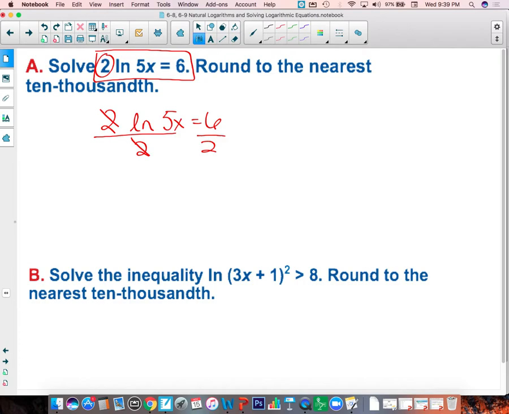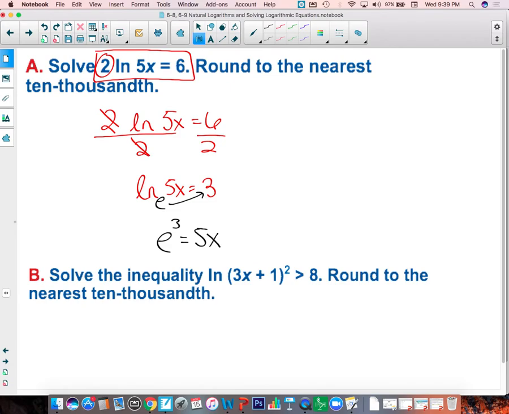So 6 over 2, that's 3, so we have natural log of 5x equals 3. Now I can change it to an exponential, because natural log is base e, so I can rewrite this as e, that's my base, to the 3rd power, that's my exponent, equals 5x.